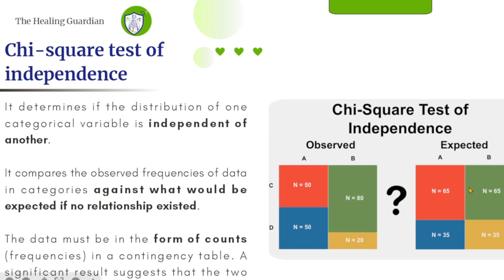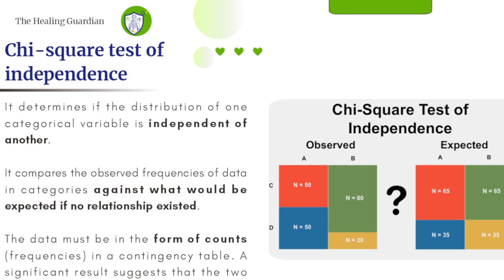One table, we take it to be the expected, another one we take to be the observed. Get the differences, square them, divide by the totals, add all what you have got, use it to get the statistic, get the p-value, and determine if it is less than the 5% significance. That is how we test for independence and association using the chi-square.